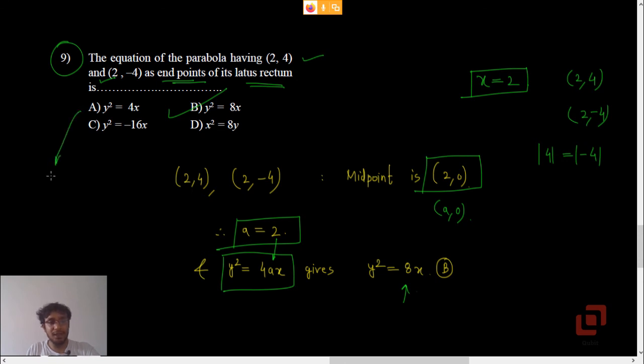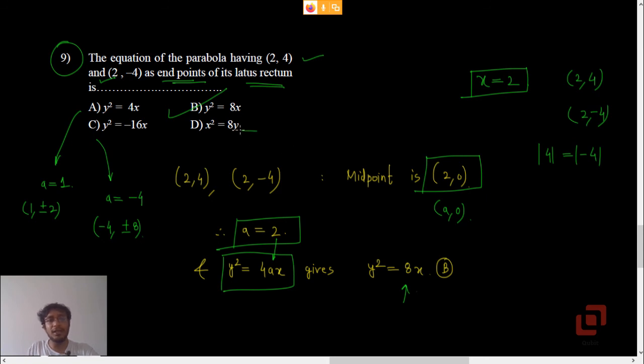For option A, the value of a is 1, so the endpoints of the latus rectum are 1 and plus or minus 2. For option C, the value of a is negative 4, so the endpoints of the latus rectum are negative 4 comma plus or minus 8.